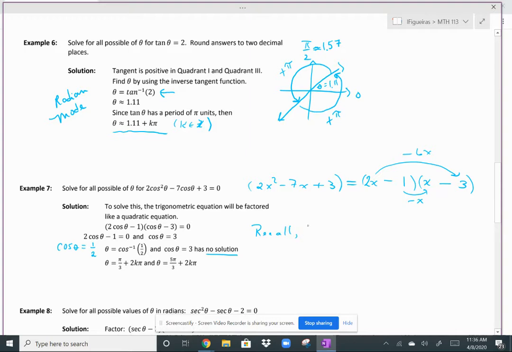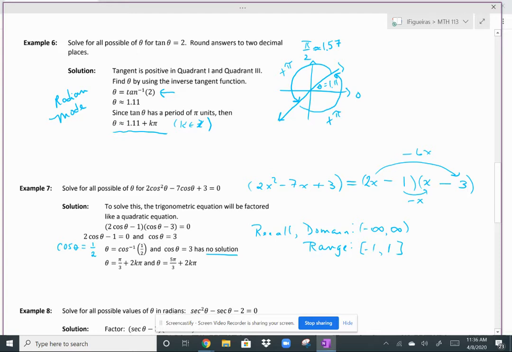Recall that the domain for cosine was all real numbers, but I did have a restriction on the range. The range was from -1 to 1. So saying that cosine of theta equals 3, that's impossible. Cosine of theta can only have a value between -1 and 1, including those two numbers.